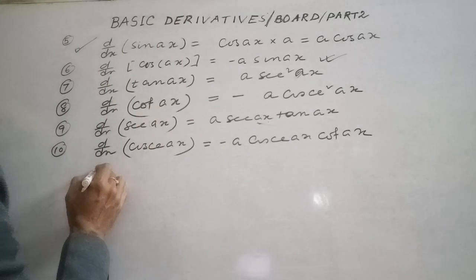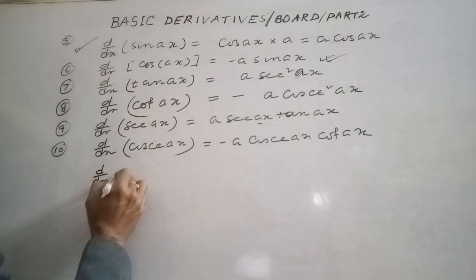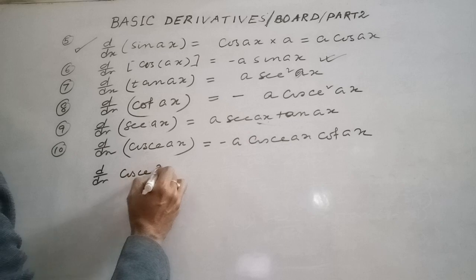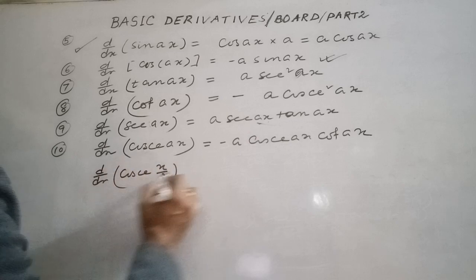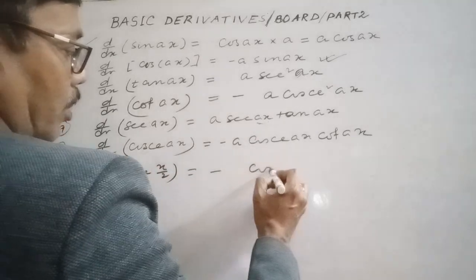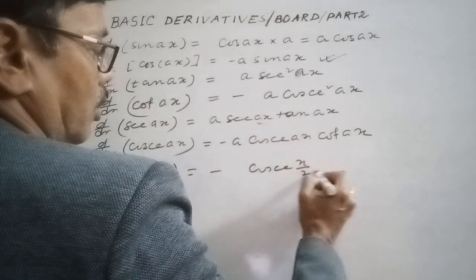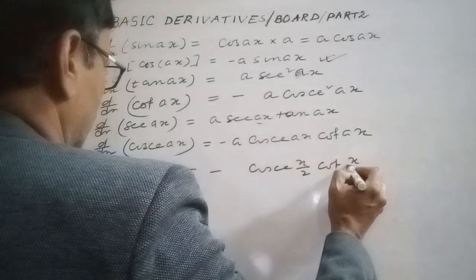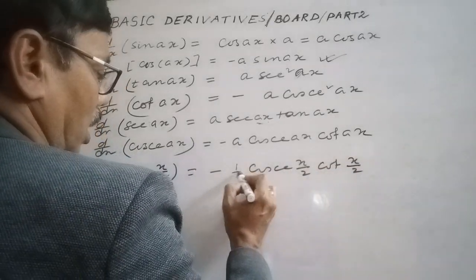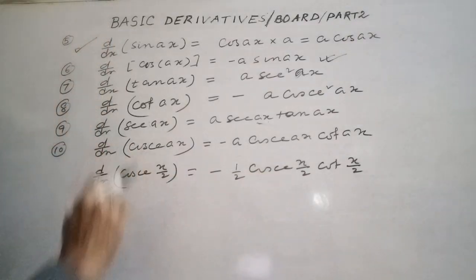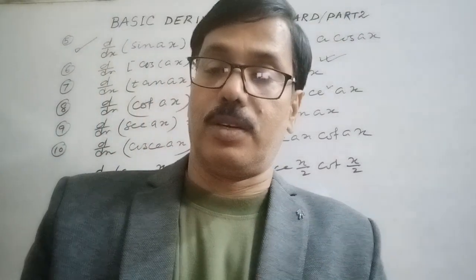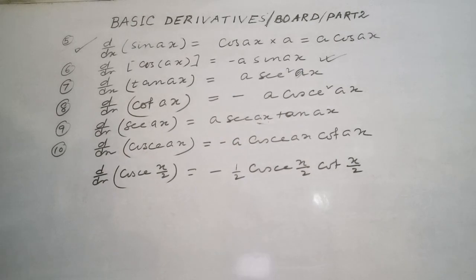Now application, d/dx of cosec x by 2. So minus cosec x by 2 cot x by 2 into half. This should be noted, the coefficient of x.